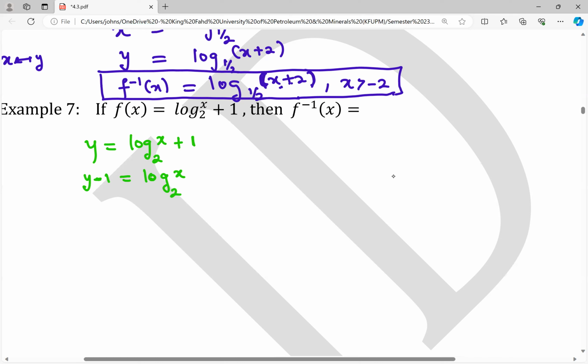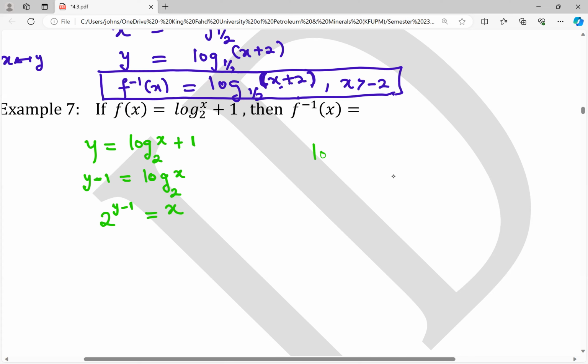So how do we solve now? Remember here, we are in a logarithmic form, and then we can go back to exponential form. If I want to go back to exponential form now, it will just be 2 to the power y minus 1 equals x.